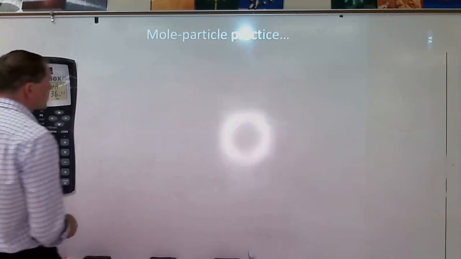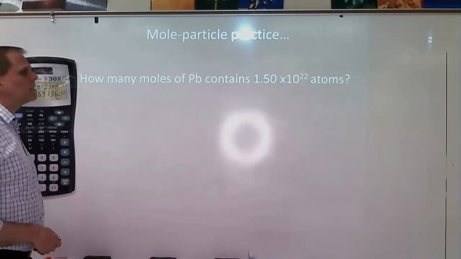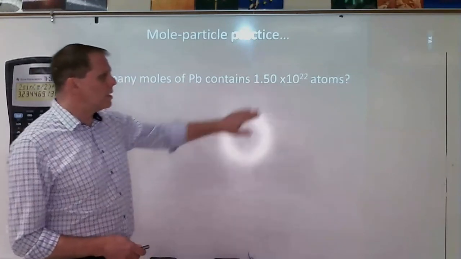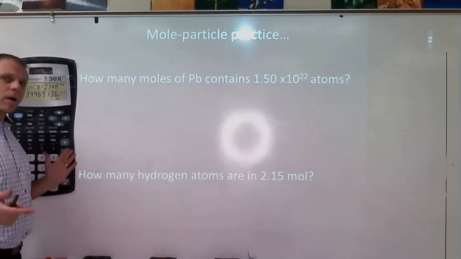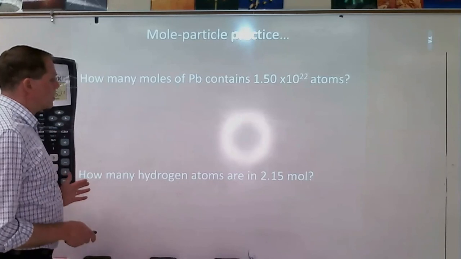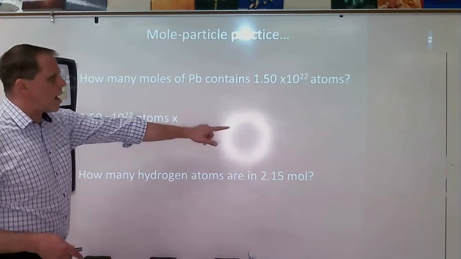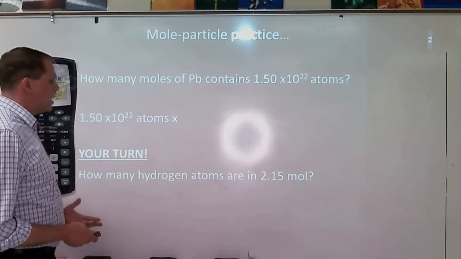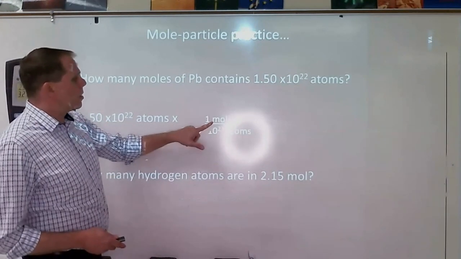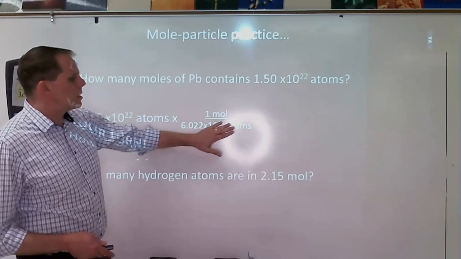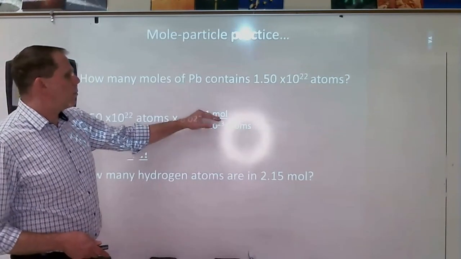All right, so how many moles of lead contain that many atoms? Let's see if we can practice this. We've got to start with what we're given. Now we're using that part of the mole road that goes from particles to moles. So here's our given. What goes on bottom? Atoms is going to go on bottom. We've got to do our number of atoms that are in a mole, so 6.022 times 10 to the 23rd atoms of lead in 1 mole of lead.